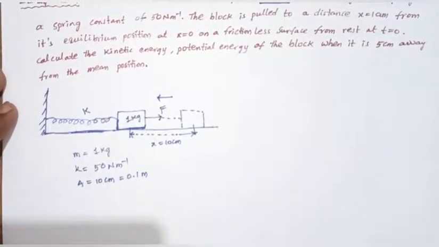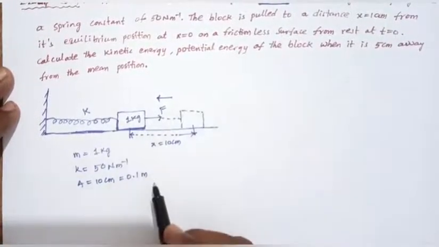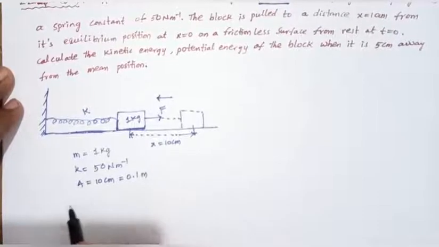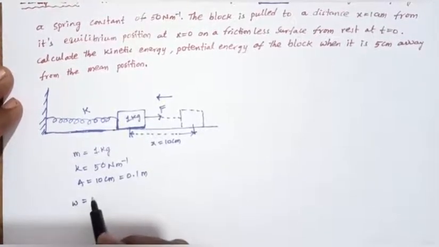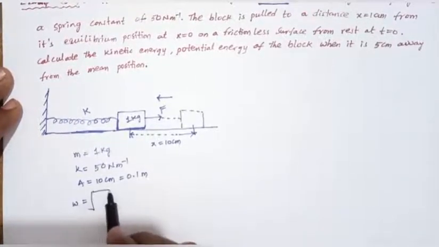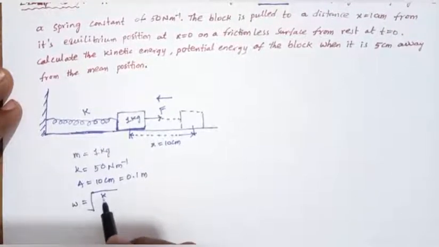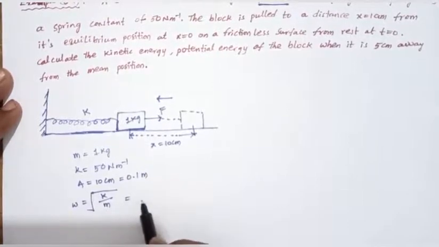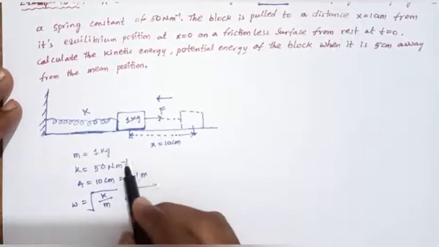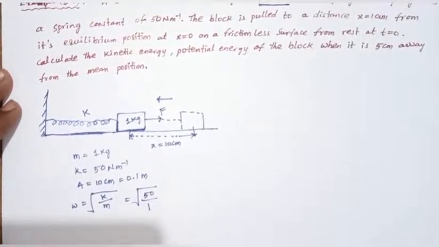In this simple harmonic motion, first of all, we can find the angular frequency. Angular frequency omega equals square root of k by m, which equals square root of 50 Newton per meter divided by 1.